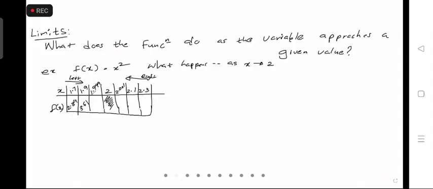Then 1.999 squared, using 3 decimal places? 3.996.